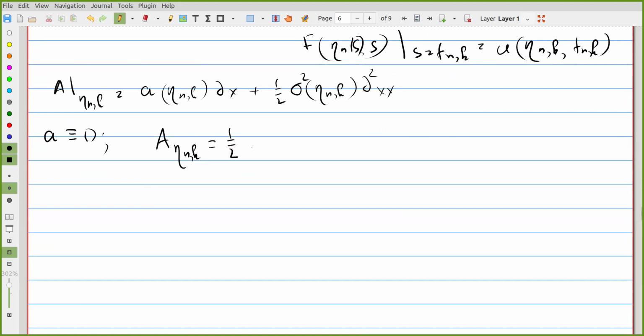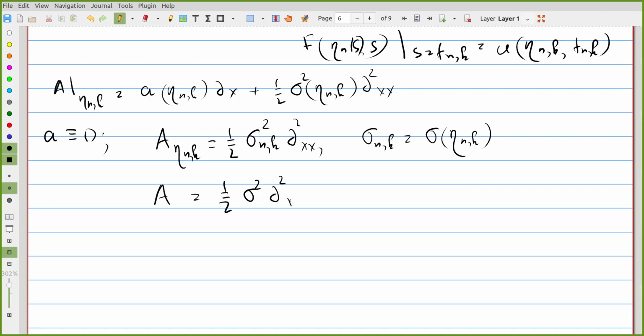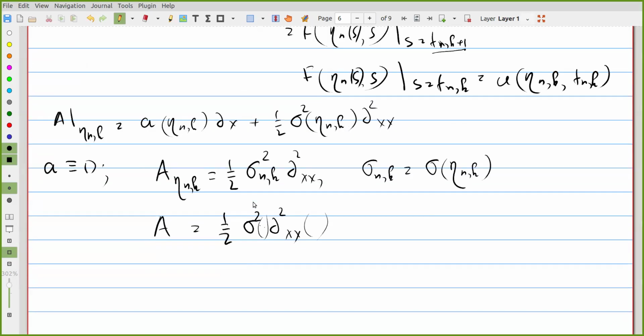It's just 1/2 sigma_{n,k} squared d squared xx, where sigma_{n,k} equals sigma(eta_n^k). And A is just 1/2 sigma squared, a proper differential operator in the sense that this is a function of x too. So you differentiate with respect to x and multiply by the function of x.